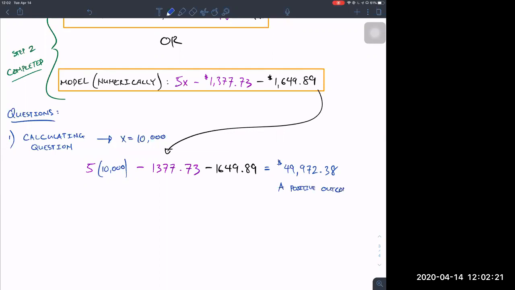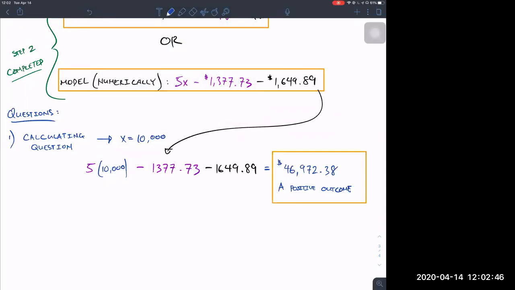Right? By having 10,000 employees in this fictitious model, it tells you that in that month of May, you would have a profit of $49,972.46. I said 46 and I wrote down the wrong number.